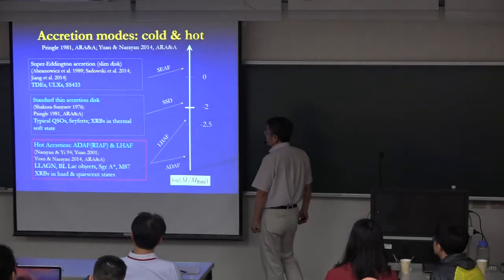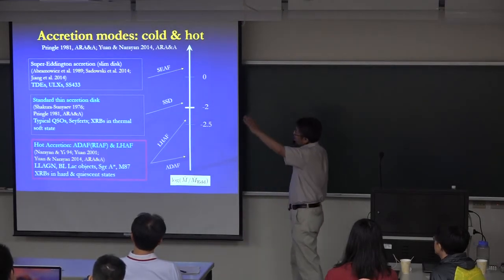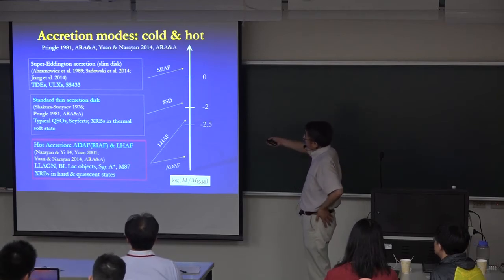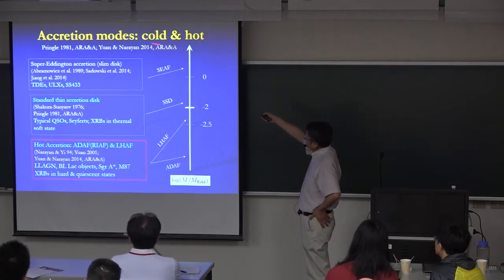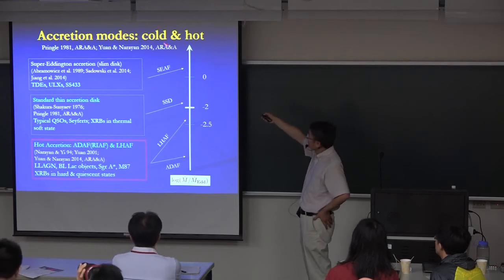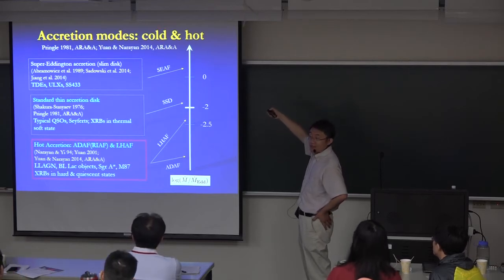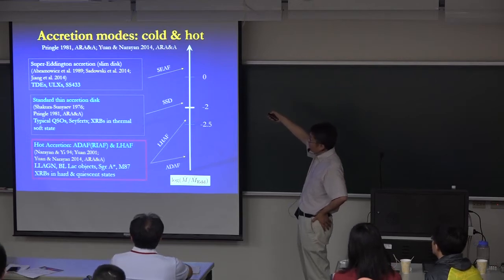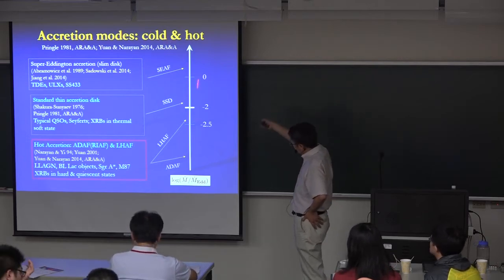So now let's summarize the general picture of the black hole accretion models. Roughly speaking, we have two series of models. One is cold, another one is hot. This is divided by the temperature of the accretion flow. Look at these arrows.